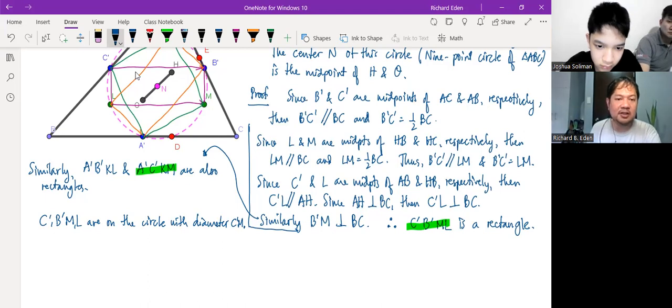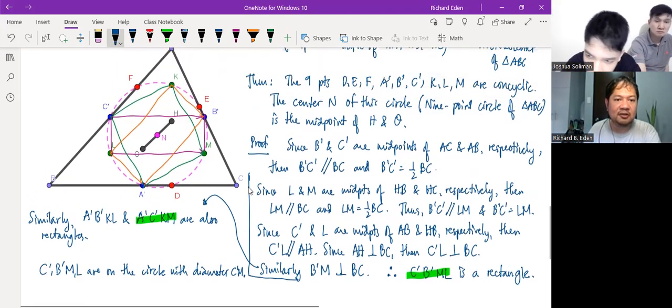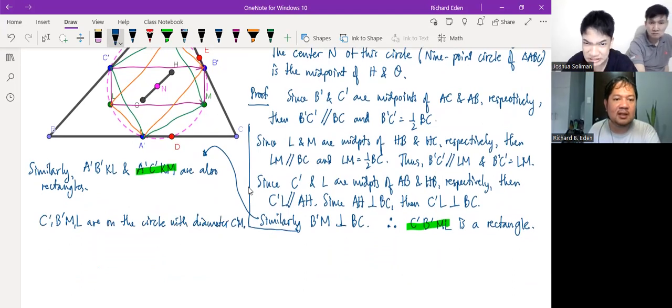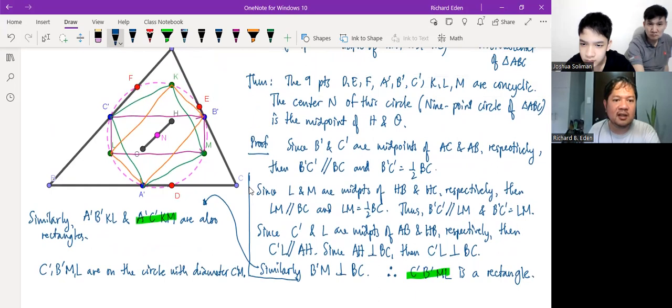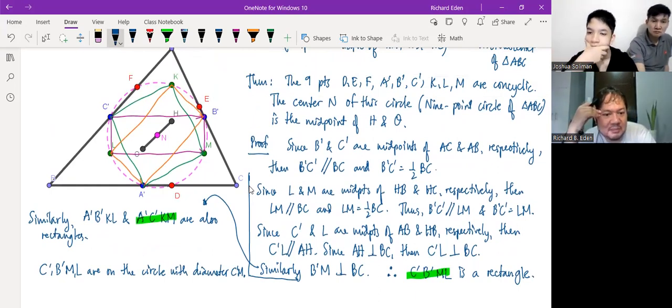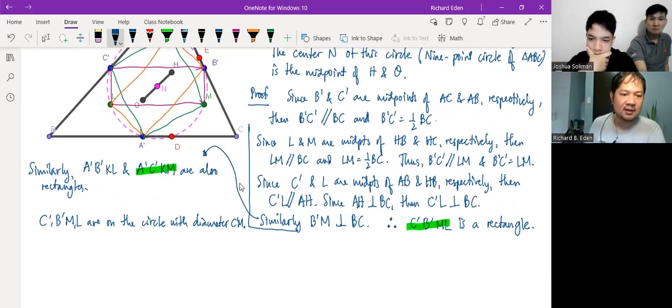Now, the other rectangle that I colored, A prime, C prime, KM, anong color nito? This is green. Pero observe that for A prime, C prime, KM, ang isang diagonal din niya is C prime M. Okay.